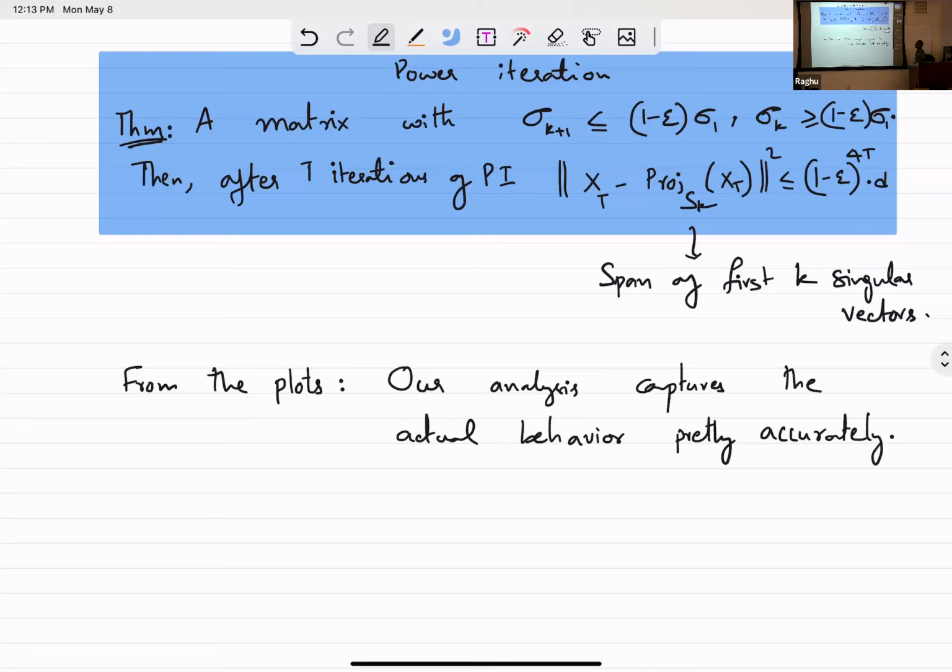Okay. And as I said, one of the benefits of using power iteration over others is you only need to compute the matrix vector product and nothing else. Okay. Let's look at an application where the idea of singular value decomposition comes up naturally, and there is a strong advantage to using power iteration over other methods. Okay.